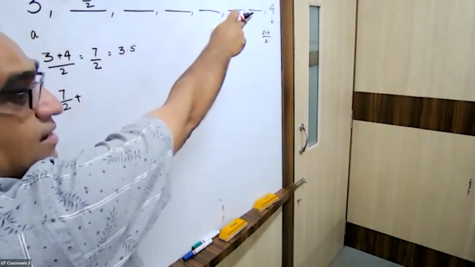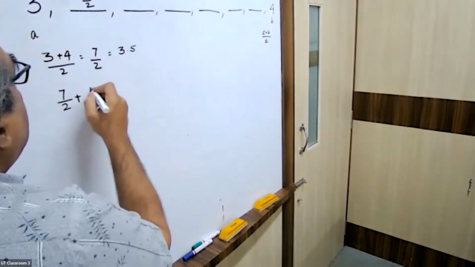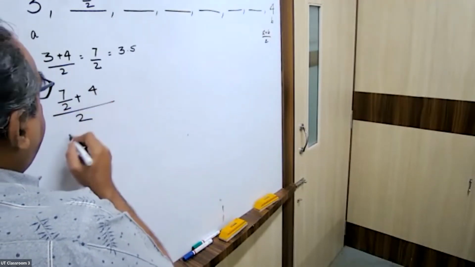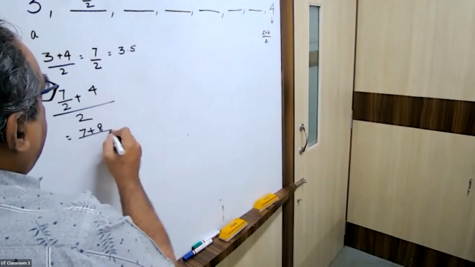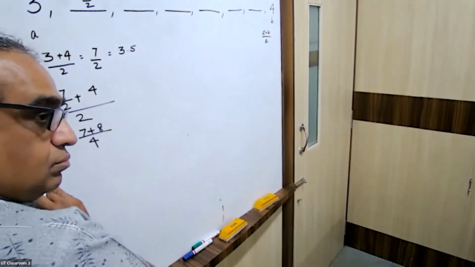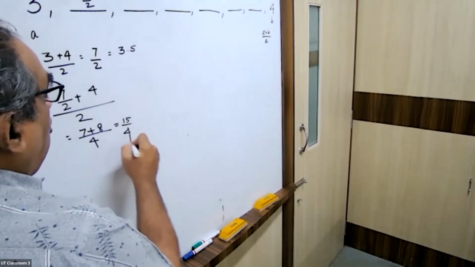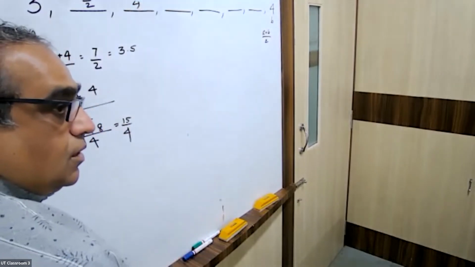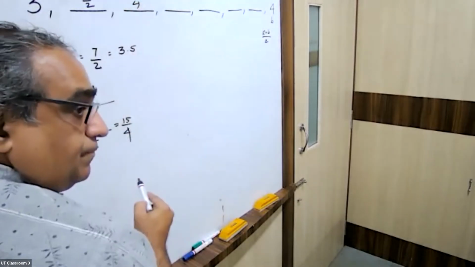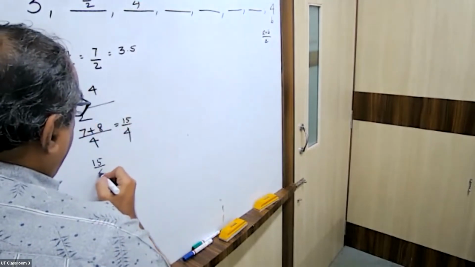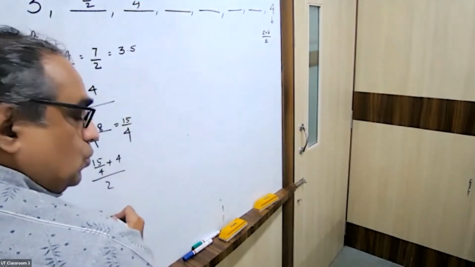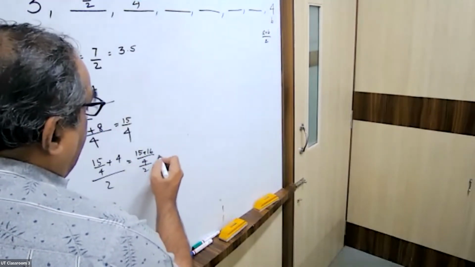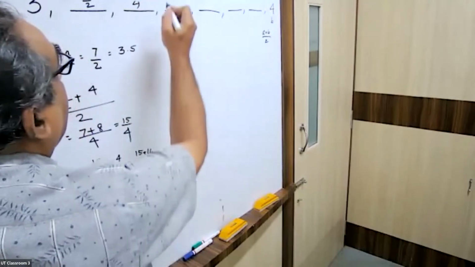Now this becomes your A, that becomes your B. I take the LCM, so it becomes 7 plus 8 by 4, which is 15 by 4. Now this is your A, that is your B. 15 by 4 plus 4 by 2. That is 15 plus 16 by 4 by 2. That is 31 by 8.